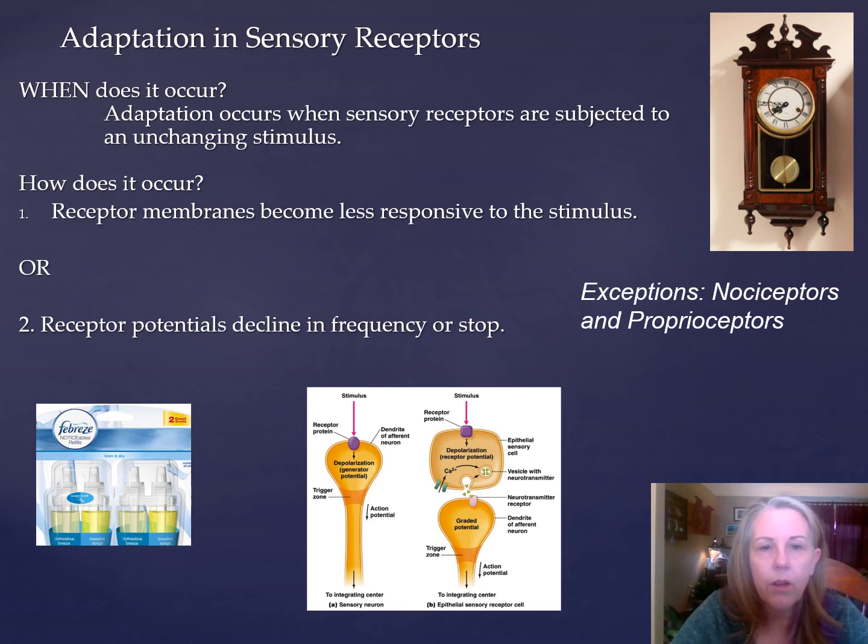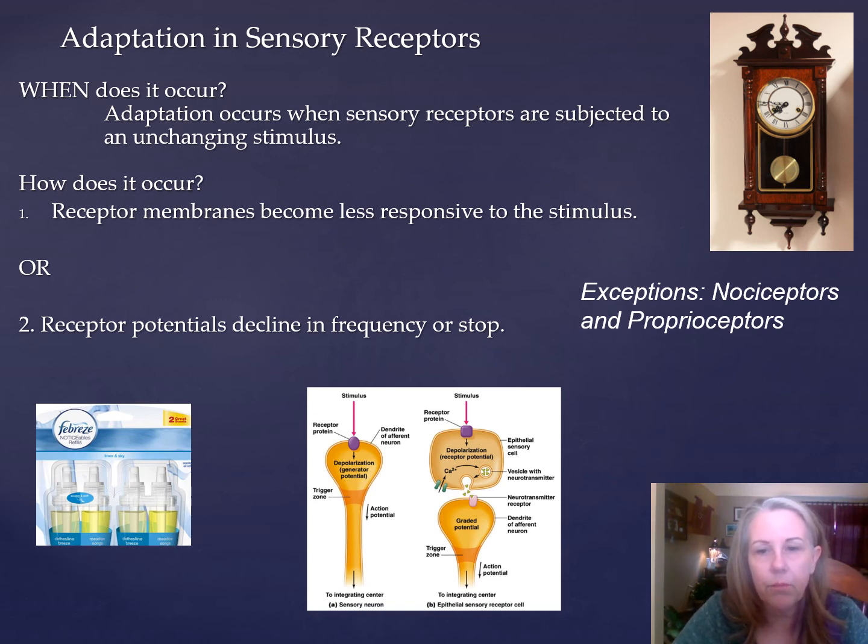Okay, so adaptation occurs in all of your receptors, but there are two exceptions to that rule. And those are, and I have it listed on this side of the slide, those are nociceptors and proprioceptors. So do you know what a nociceptor picks up on? Good, that's pain. Nociceptor, think pain.